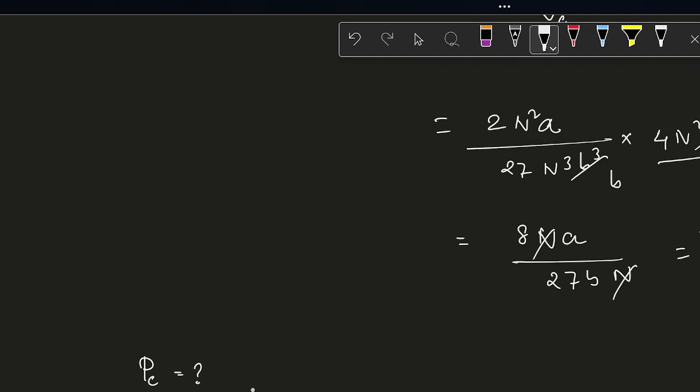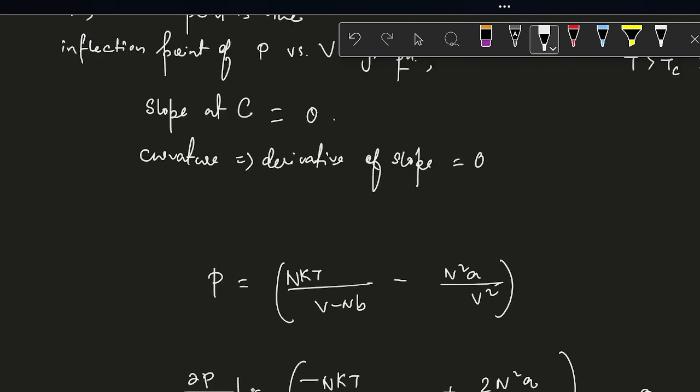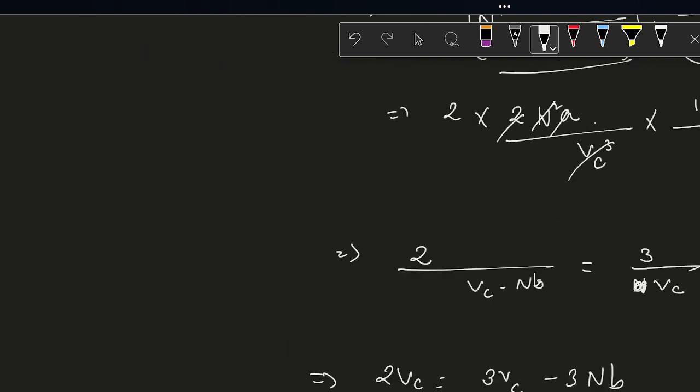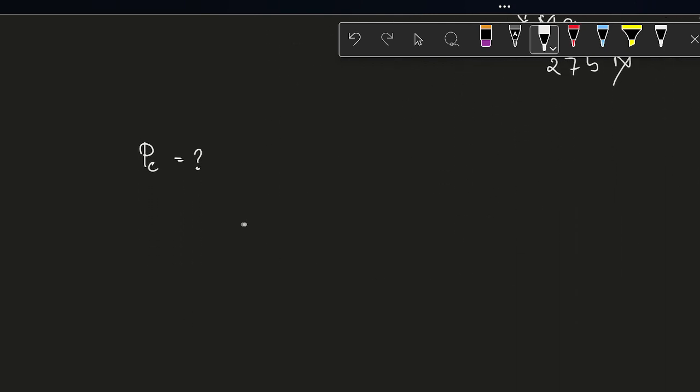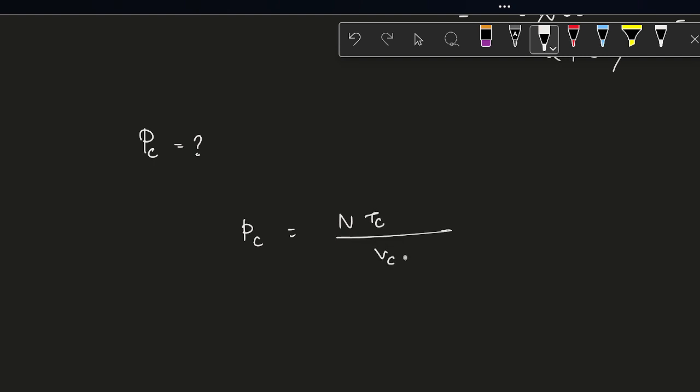So for that you have to directly use the expression of P here and plug in the values of T as TC and V as VC. So let us write that down. PC is your nkTC divided by VC minus nb, minus n square a divided by VC square.